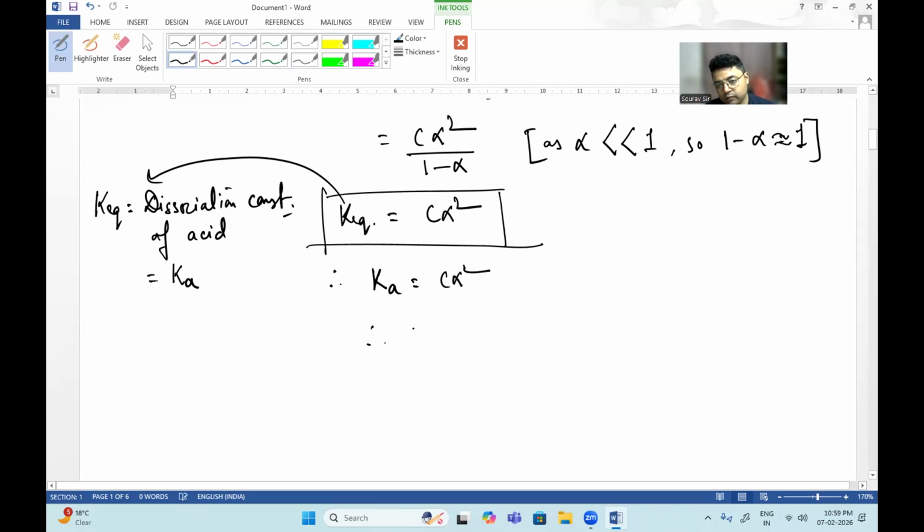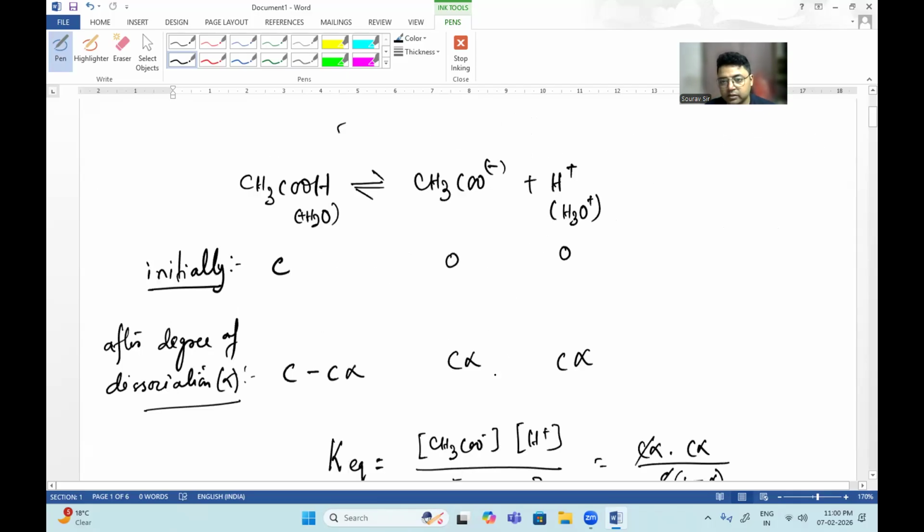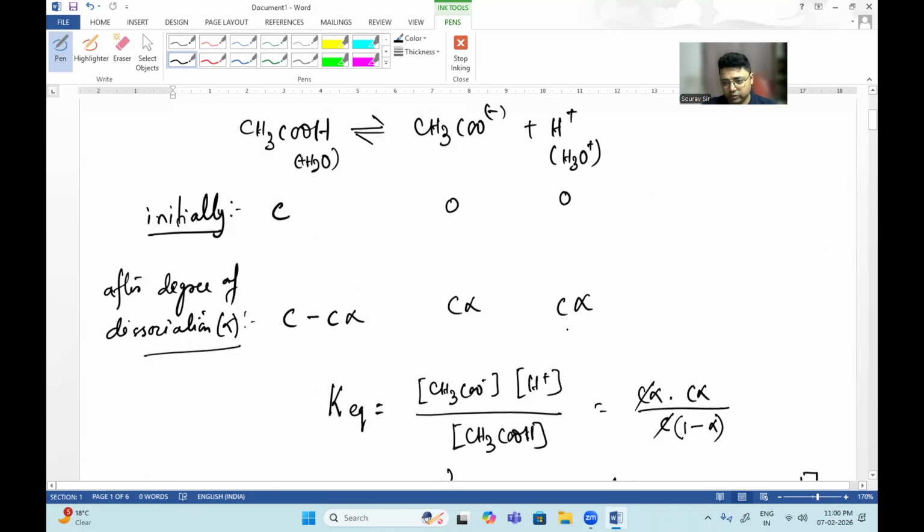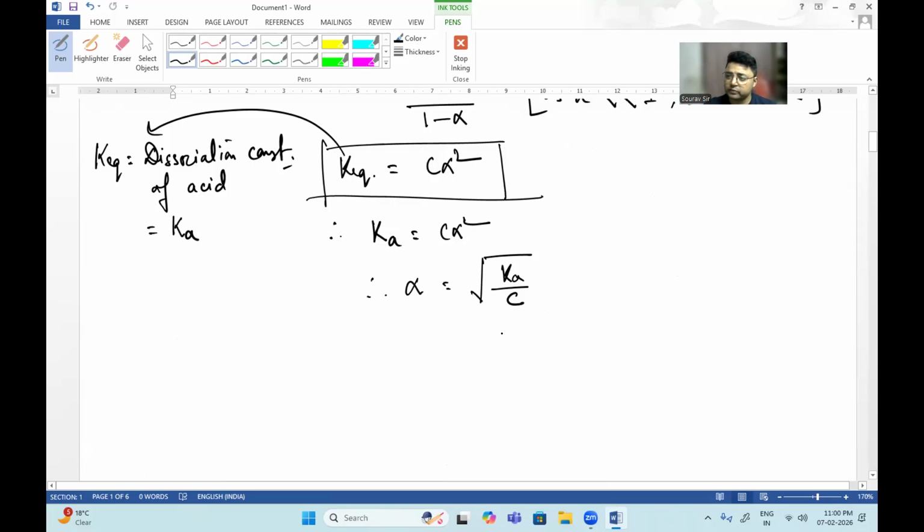Now alpha is equal to root over Ka over C, and we all know, so this statement is becoming correct. The degree of dissociation of a weak electrolyte, which is alpha, is directly proportional to the square root of... we will come to this in a bit, and is inversely proportional to the square root of its concentration. This we have found out. Now, what is concentration?